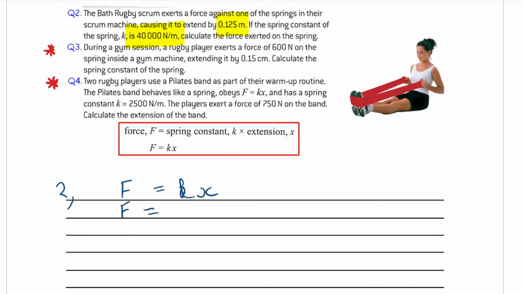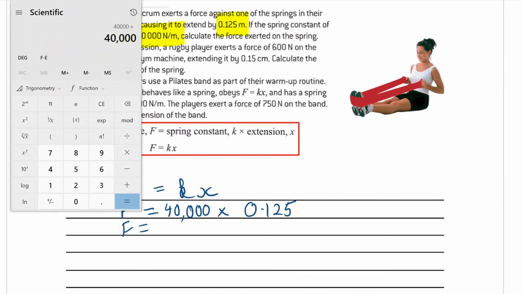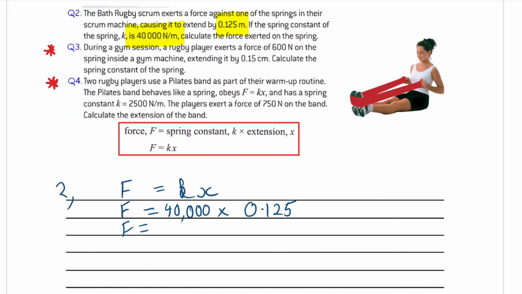We've been asked to work out F, so we just remember equation, numbers, answer, units. The value for K, 40,000. Extension, 0.125. And then use your calculator. That's given us a value of 5,000 newtons.